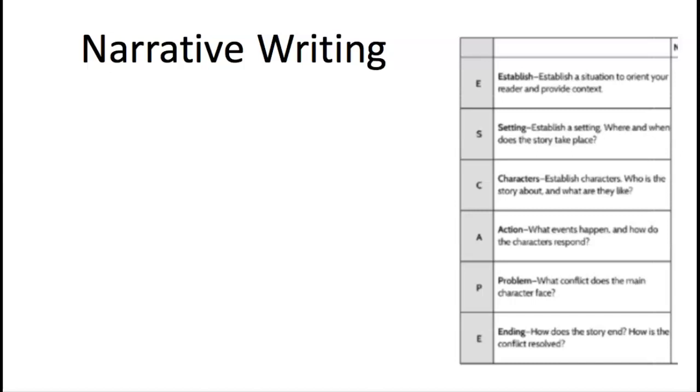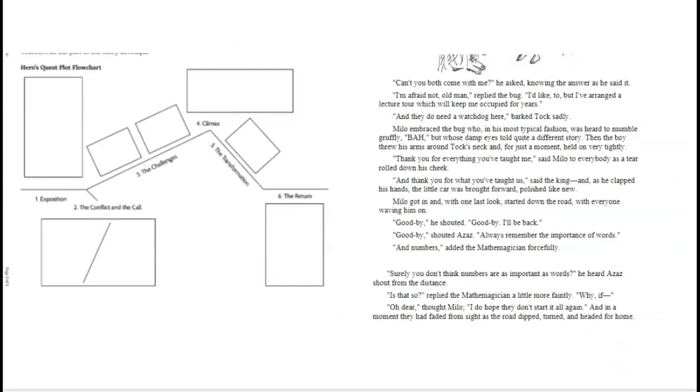And the situation is where the story starts. Then the action or the events that happen in the problem. What's the conflict? And then how does the story end? So we have the beginning, the middle, and the end. And do you notice that these elements are very similar to our plot diagram?